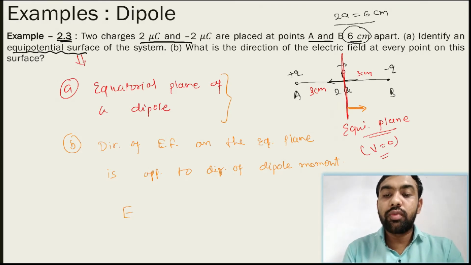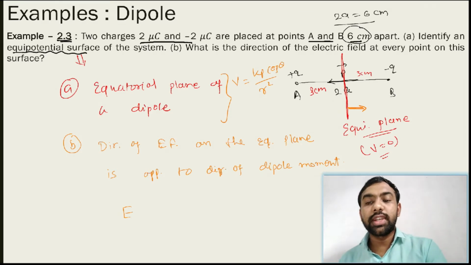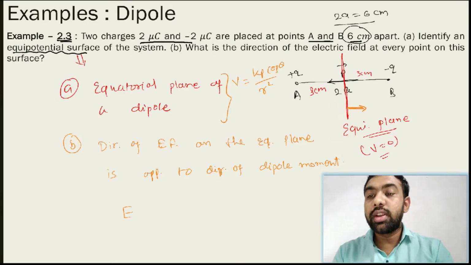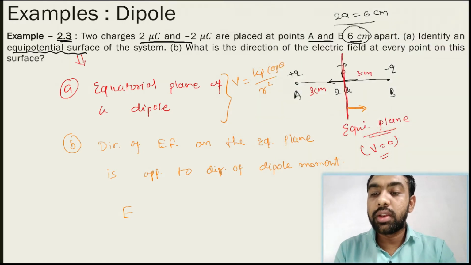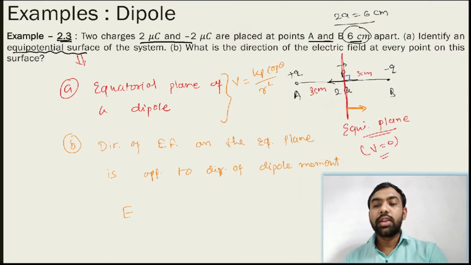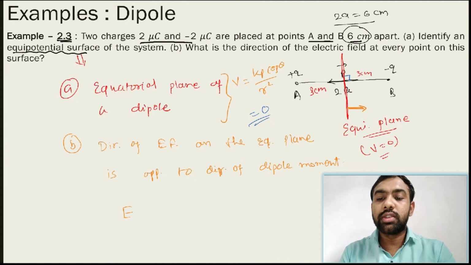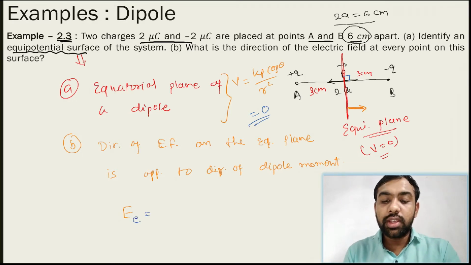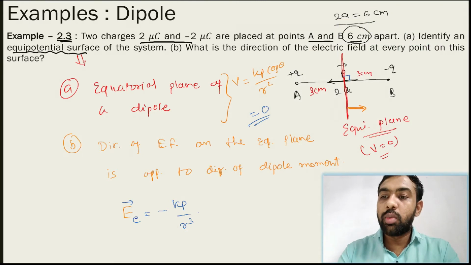Even you write this relation. See, why we write this first equation: because V is equal to Kp cos theta upon r square. When cos theta is 0 for pi by 2 angle, see what is this angle for the equatorial plane? Pi by 2. So the answer is actually 0. And E equatorial, if you write in vector form, is minus Kp upon r cube into dipole moment direction.